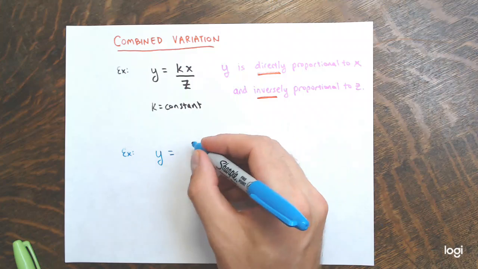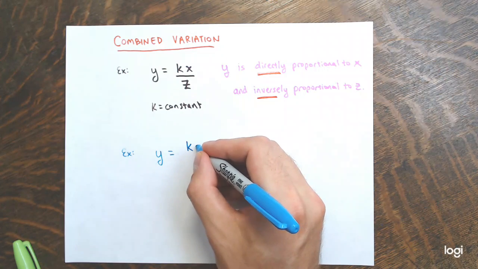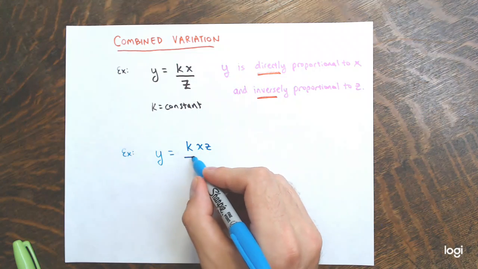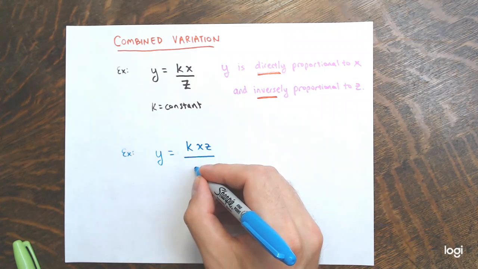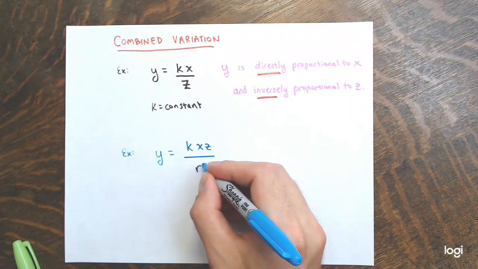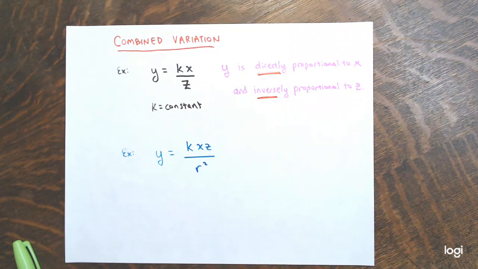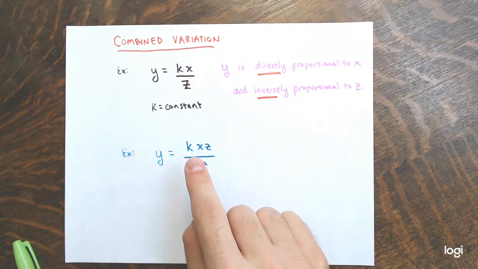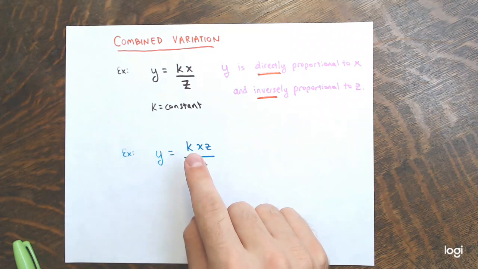Say y equals k times x times z, the product of x and z here, divided by r squared. So again, look at the numerator. We have y equals, and again, k is still the constant of proportionality.